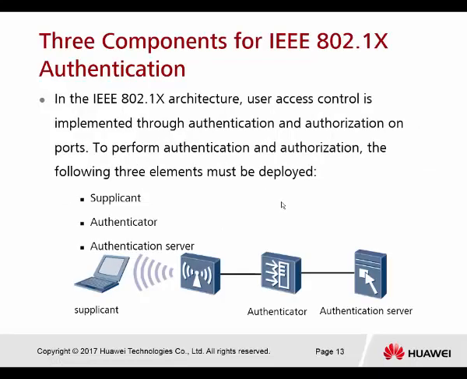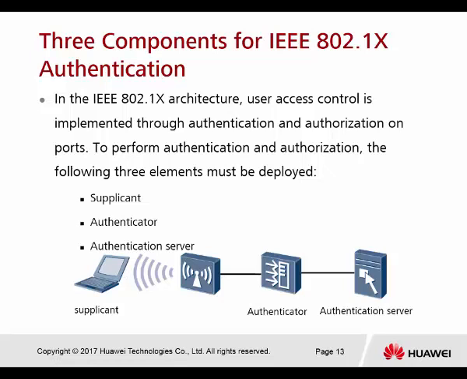There are three components for IEEE 802.1x authentication. They require the supplicant, the authenticator, and the authentication server. So there are three parties here for 802.1x. The authenticator is going to collect all the information from the supplicant, for example, what is your certificate and what is your MAC address.